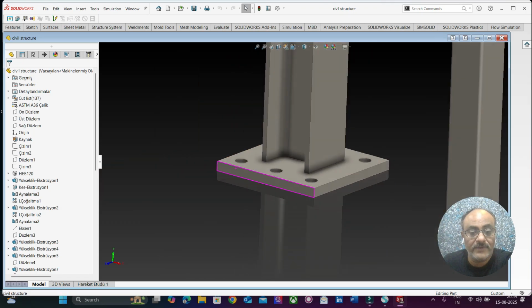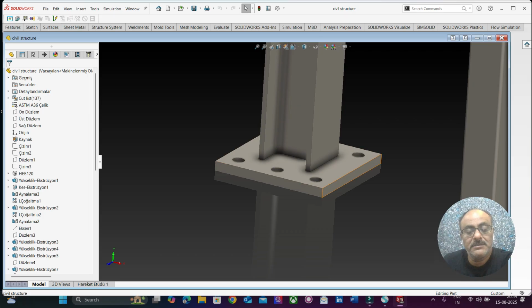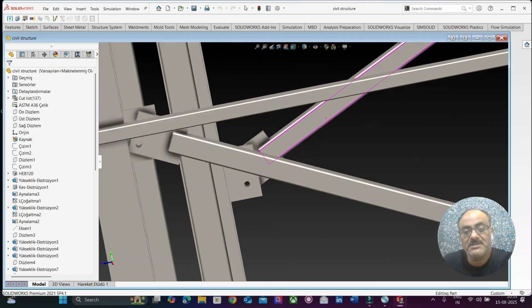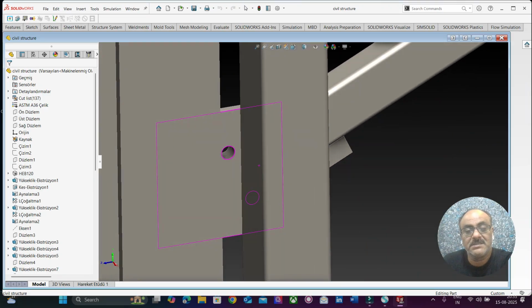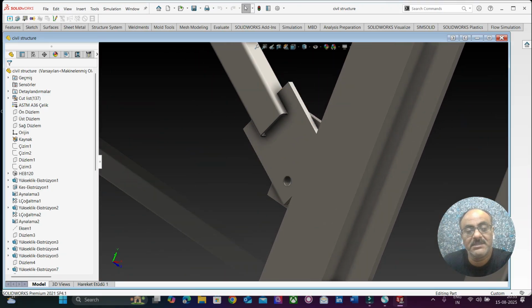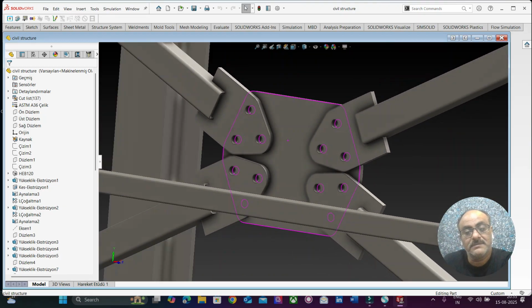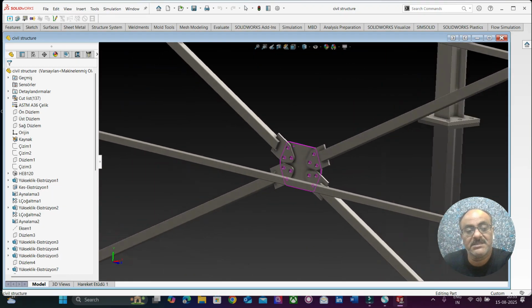And you find some 16 to 20 dia bolt holes, and these are the cross members, and these cross members are designed with the plates, the bevel plates. And this is the bracing, cross bracings.